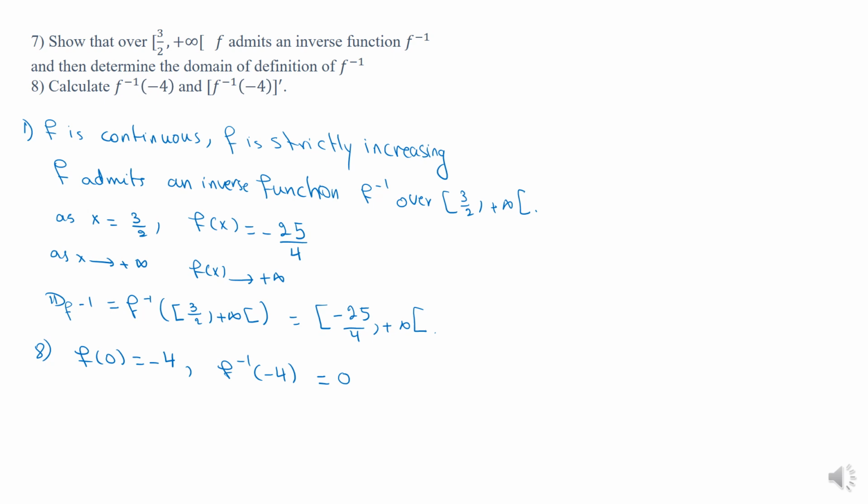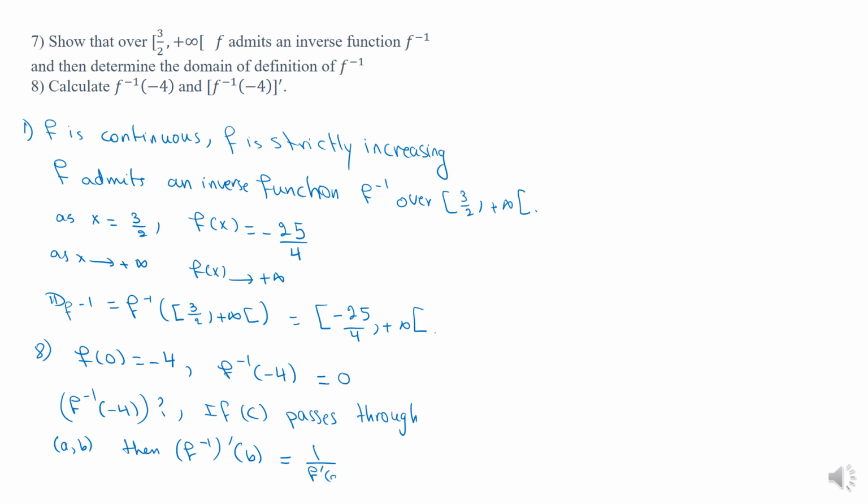As for the derivative of f minus 1 at negative 4: if the curve passes through a point (A, B), then f minus 1 prime of B is 1 over f prime of A.